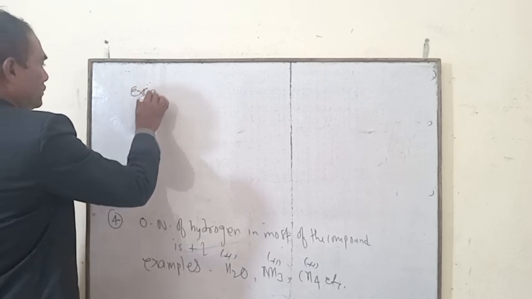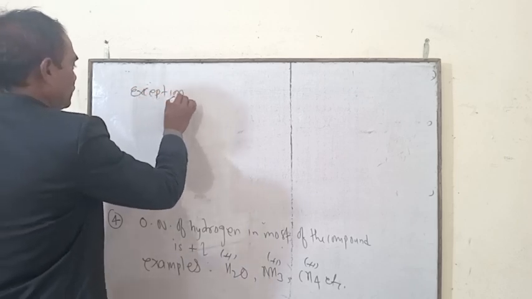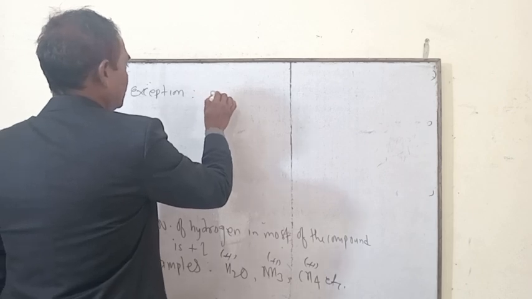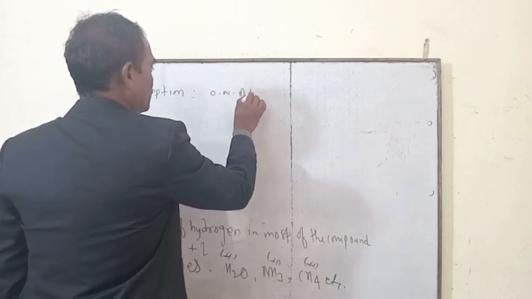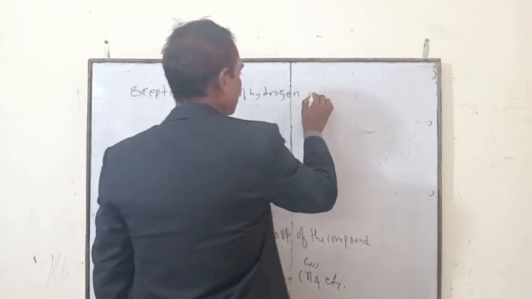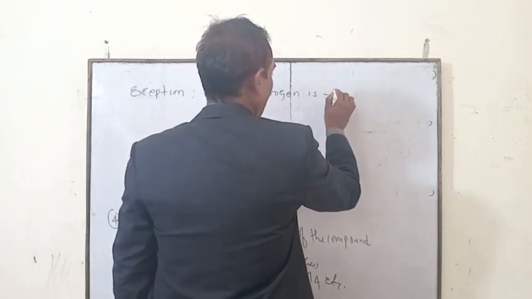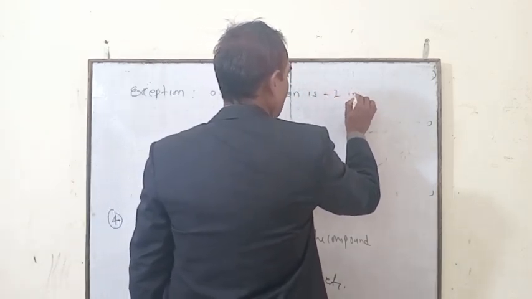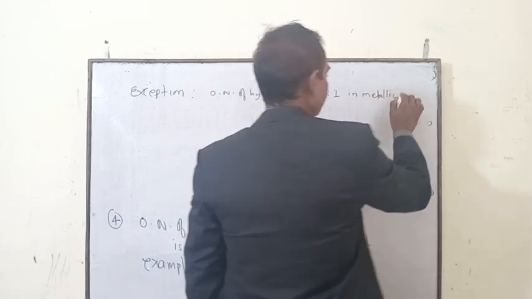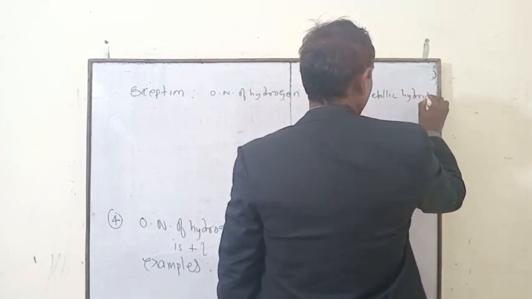Exception: oxidation number of hydrogen is -1 in metallic hydrides.